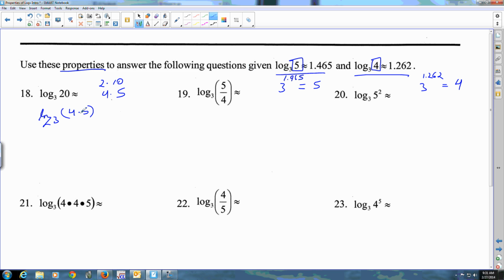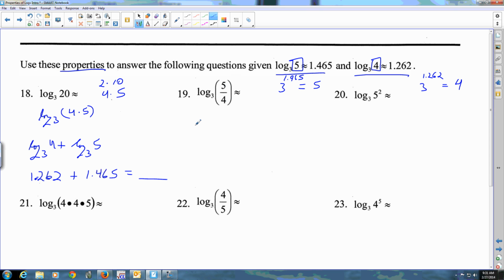I have a product in the logarithm, so it's log base 3 of 4 plus log base 3 of 5. And log base 3 of 4 is worth 1.262 plus log base 3 of 5 is 1.465. And now you just add those together, and that would be your final answer.